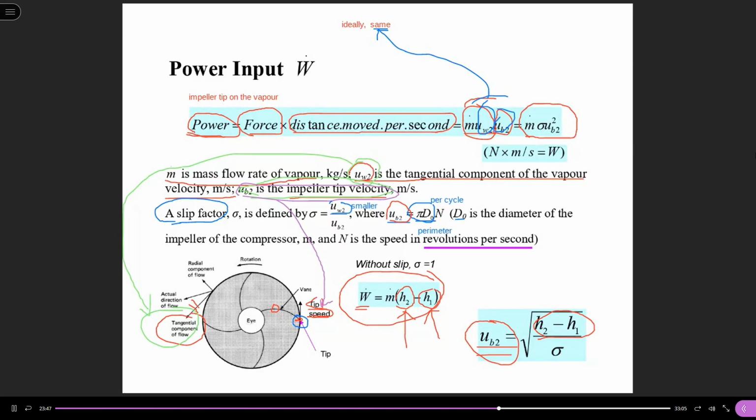Sometimes one stage is not enough, and we shall choose several stages to avoid too high a tangential component of the vapor velocity. We will further explain this through our tutorials.